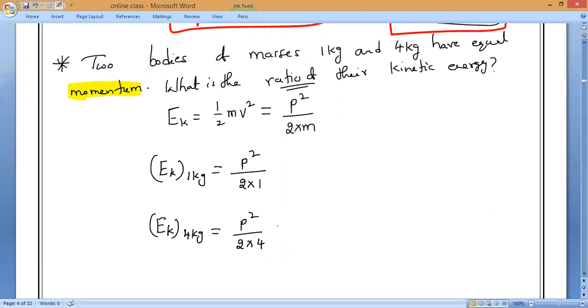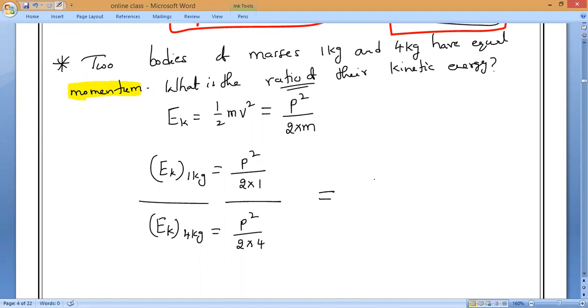They are asking for the ratio, and their momentum is equal. Ratios mean we will do the division.